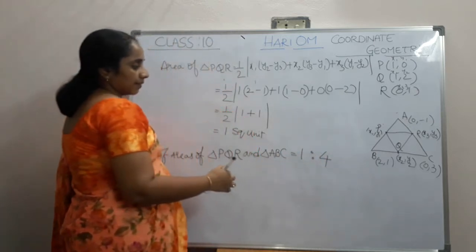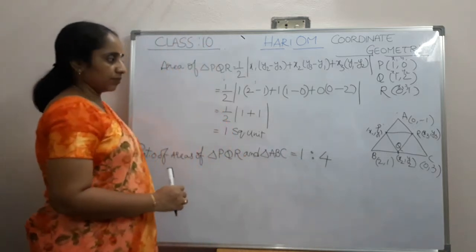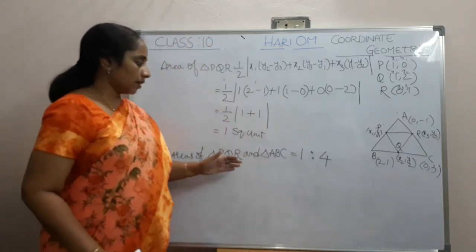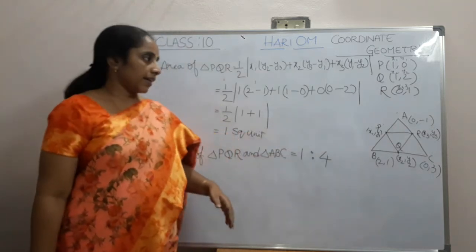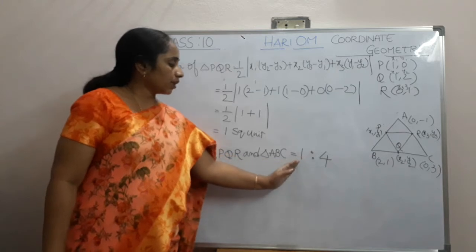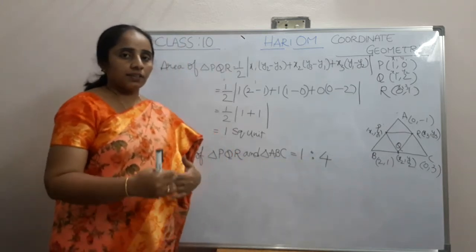So their areas ratio is 1:4. If they ask the area of the given triangle to the triangle PQR, then 4:1.